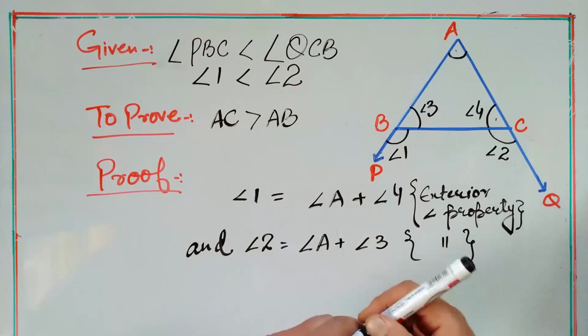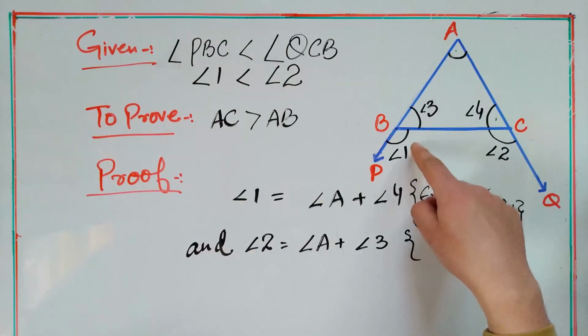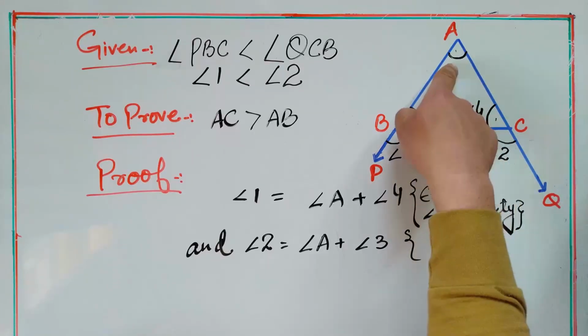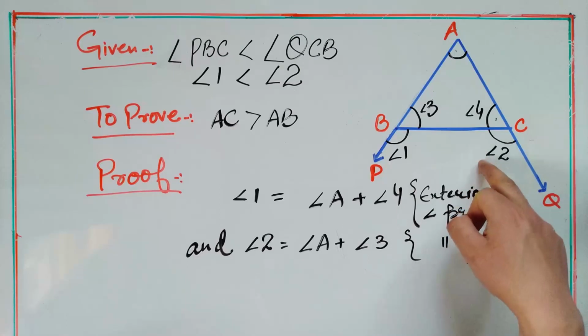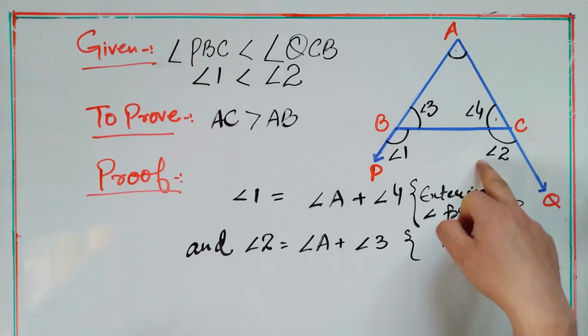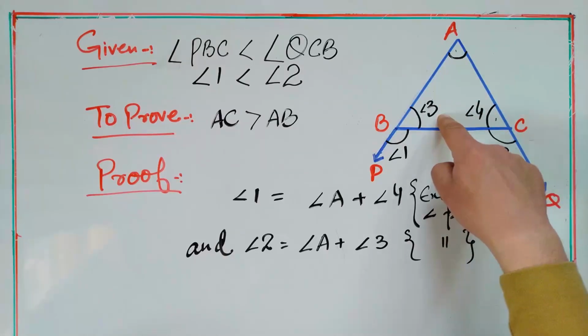So this is what we have done till this point. We have used the exterior angle property, and angle 1 will be equal to angle A plus angle 4, and angle 2, exterior angle, will be equal to the sum of two opposite interior angles, that is angle A plus angle 3.